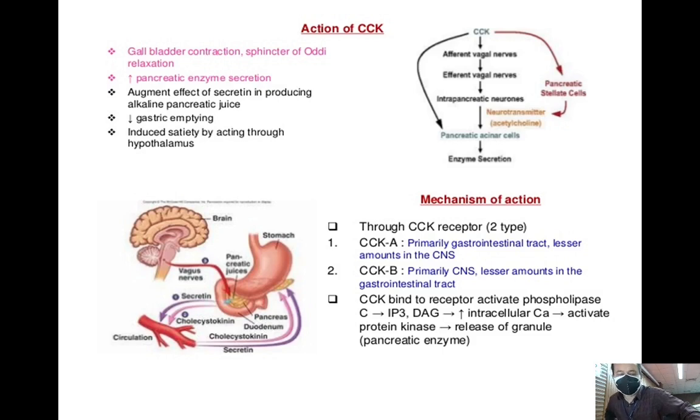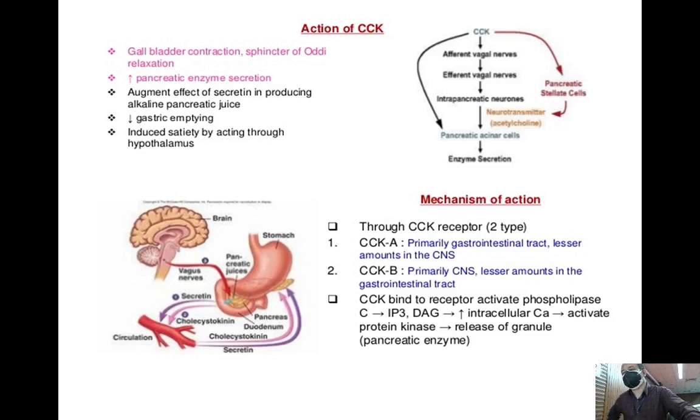So it'll be in the interest of the function of CCK that it also augments the action of secretin. Secretin will be helpful in the secretion of an alkaline type of pancreatic juice.